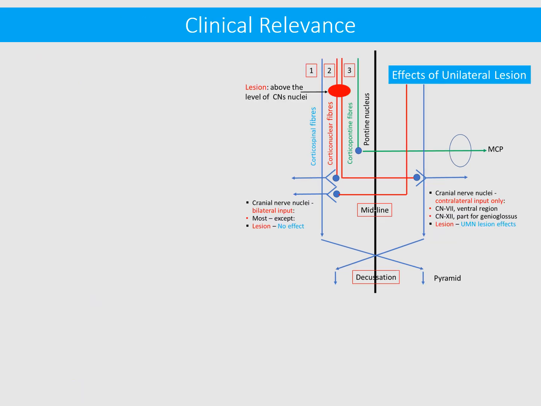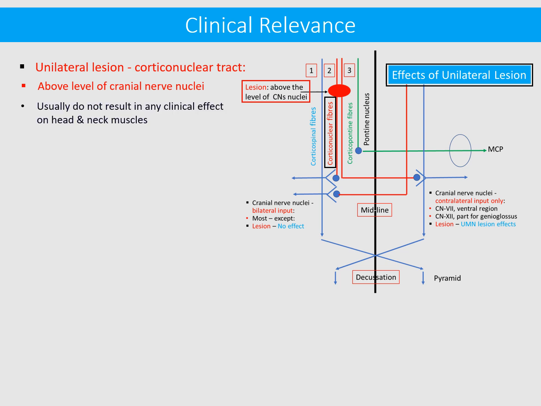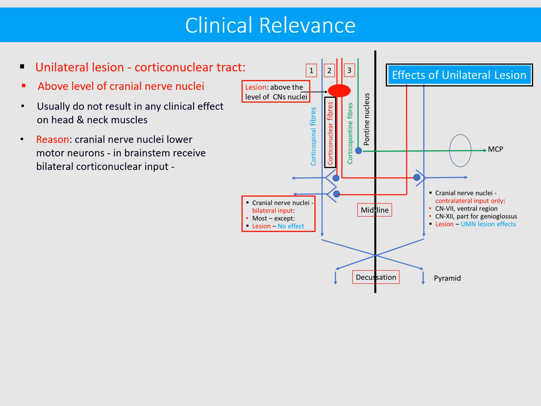The clinical relevance of the corticonuclear tract. Unilateral lesion of the corticonuclear tracts above the level of the cranial nerve nuclei usually do not produce any clinical effects on the muscles of the head and neck region. Reason being, cranial nerve nuclei, lower motor neurons, which are present in the brainstem, receive bilateral corticonuclear input.